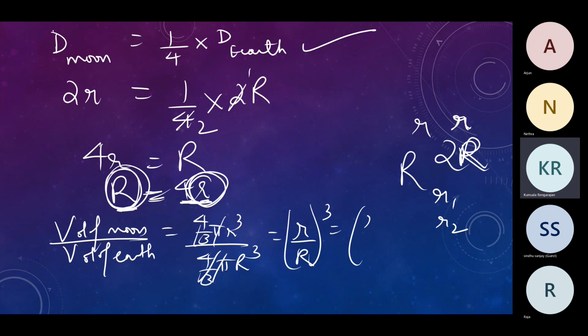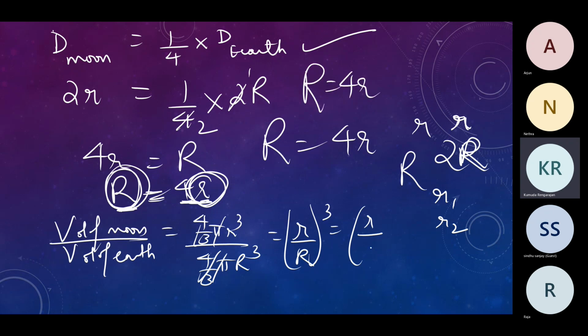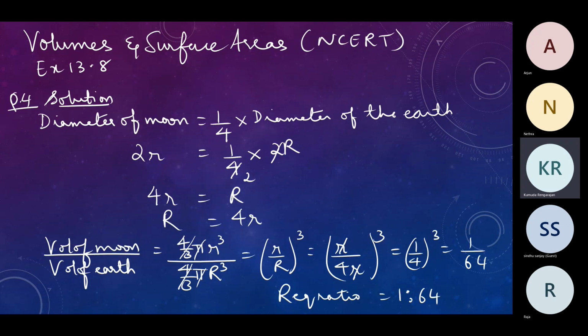We know that capital R is equal to 4 times small r, so instead of capital R, 4 times small r the whole cube. r and r get cancelled. So you have 1 by 4 the whole cube, which is 1 by 64, or 1 is to 64. So the required ratio is 1 is to 64.